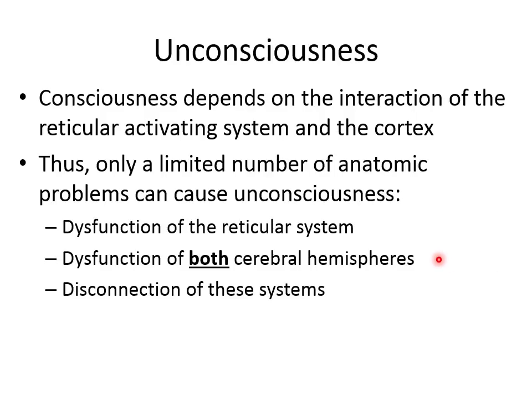That is, damage to one hemisphere, if it does not affect the other hemisphere, does not produce unconsciousness. You can remove an entire hemisphere without altering consciousness. Whereas focal damage to the reticular formation can produce unconsciousness. And then if you disconnect these two systems, you can produce unconsciousness as well.